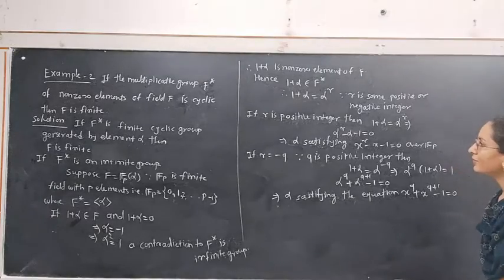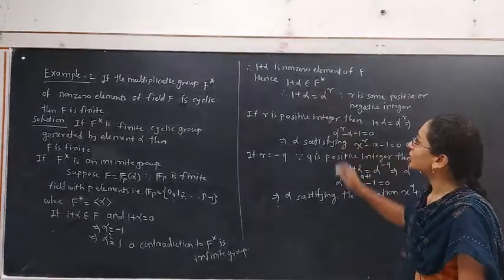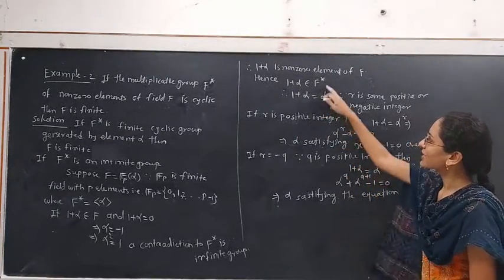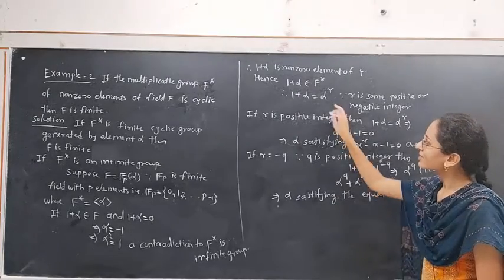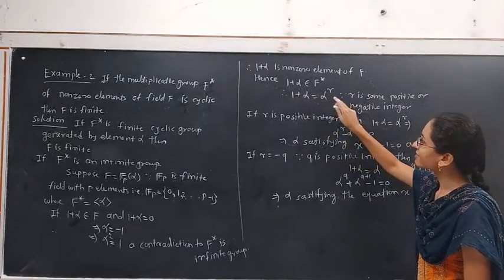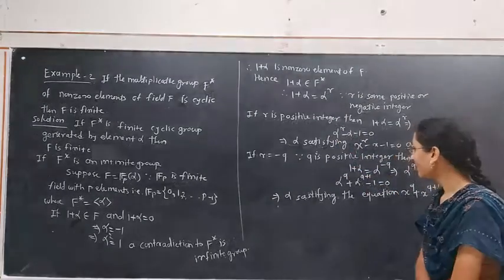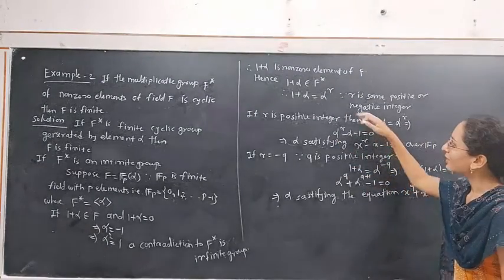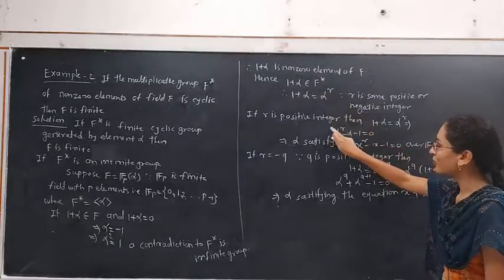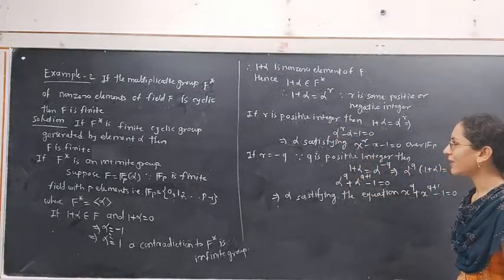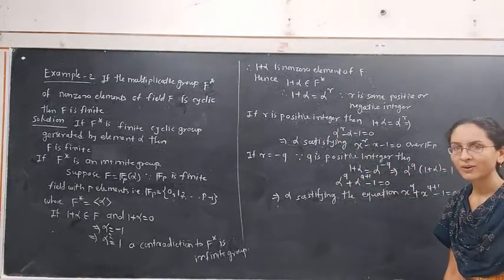Therefore, if 1 plus alpha is a non-zero element of the field F, then 1 plus alpha belongs to F star. Hence, it is written as some power of alpha because alpha is the generator. Therefore, in any case, whether the power of alpha is positive or negative, we have a polynomial satisfied by alpha.